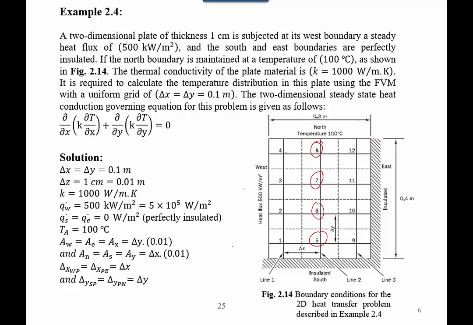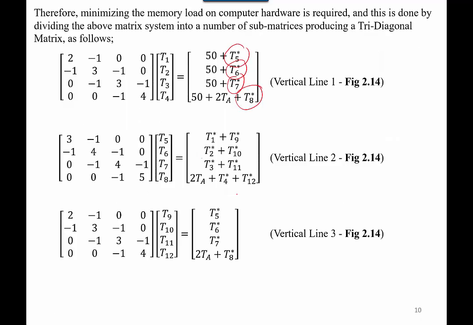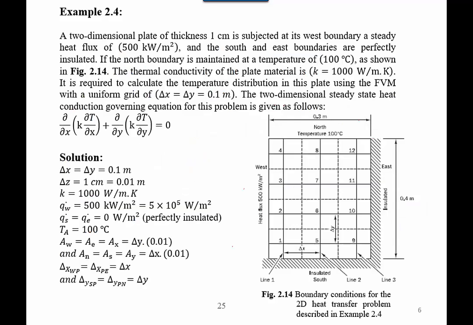That means the unknown variables, which are T1, T2, T3, T4, have neighboring points that will act as a source term for this submatrix system. The same goes for submatrix 2, and these neighboring points will take the star symbol as shown in this figure.